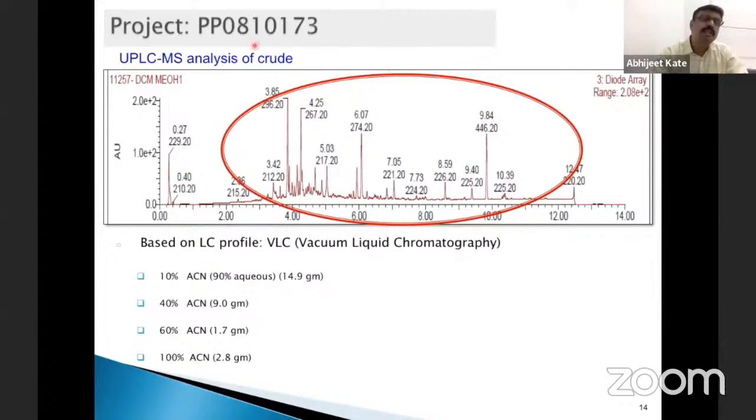This is one of the projects referred to as BIIS-11 that we worked on with Piramal. There we selected this for large scale. After derivatization, we found some interesting masses and interesting compounds in this fraction, and so we went ahead with the isolation.